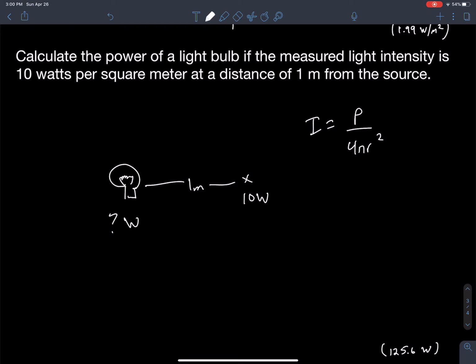So 10 watts per meter squared equals power divided by 4 pi times 1 meter squared. If I multiply 10 by the denominator, that gets me the power. So 10 times 4 pi times 1 squared gives me a power of 125.6 watts.